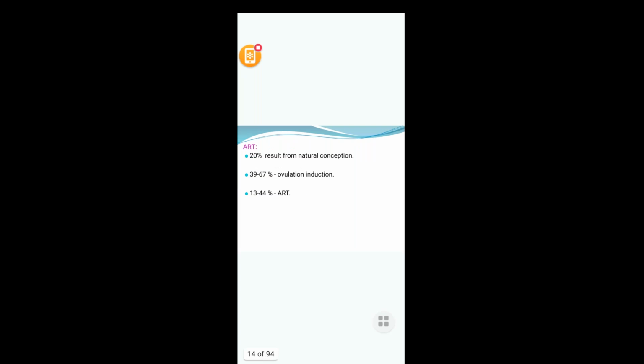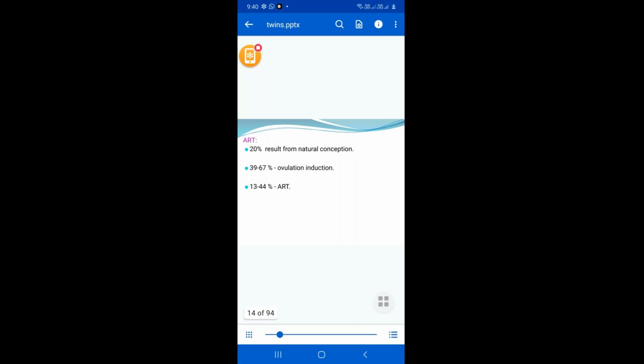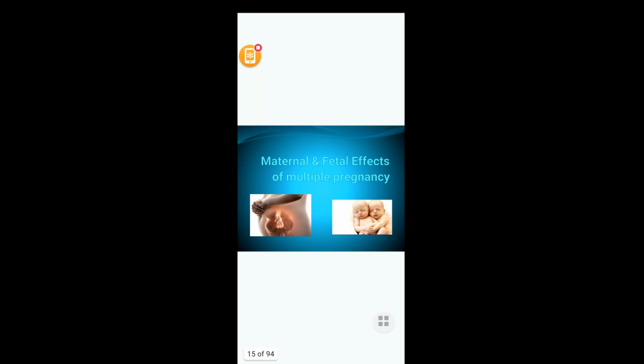ART is assisted reproductive technology, that is all your IVF, infertility treatments or in vitro fertilizations, which result from superovulation by the drugs. We usually see twin multiple pregnancies after an ART. Not only that, when we are transferring the embryos, we usually transfer 3 embryos per cycle, which might result in multiple pregnancies.